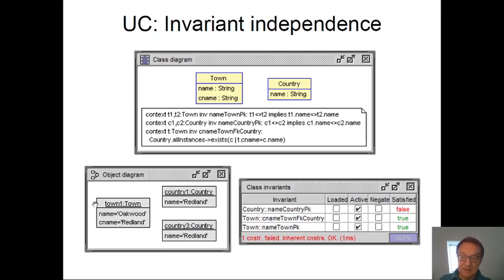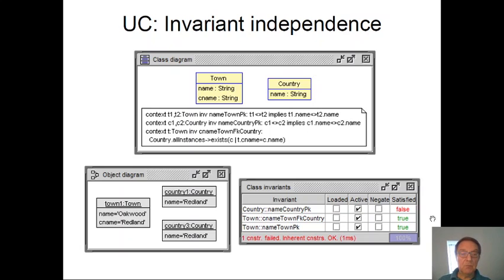So this is a database state which satisfies a constraint. The primary key for town is satisfied. The foreign key for town is satisfied as well. But the primary key for country is violated here. So that's an object diagram where one constraint is violated but the other two constraints are satisfied.